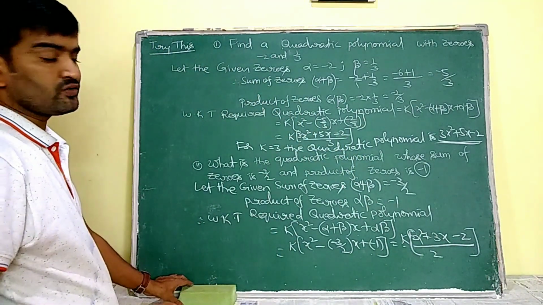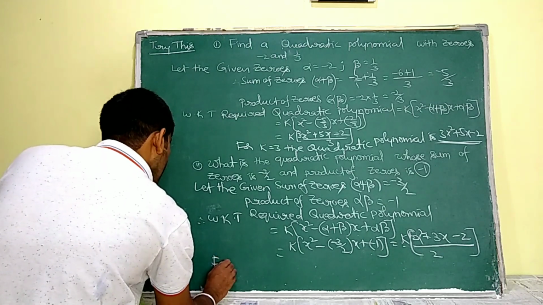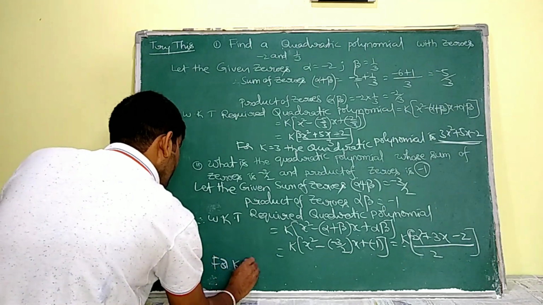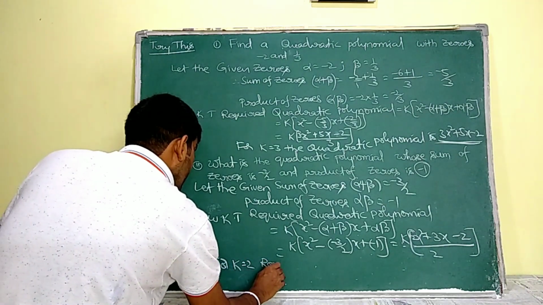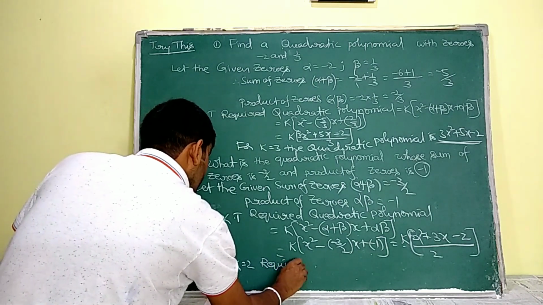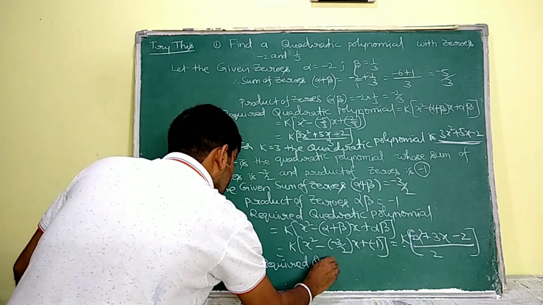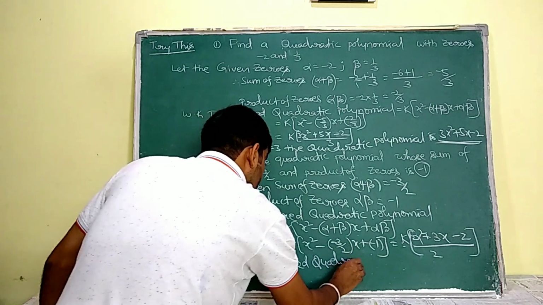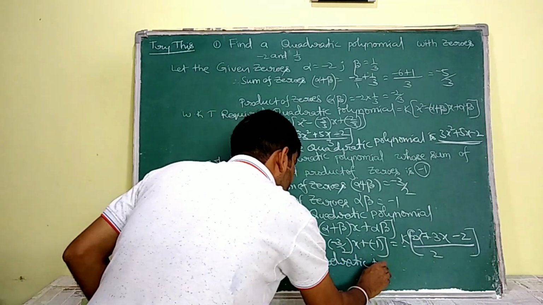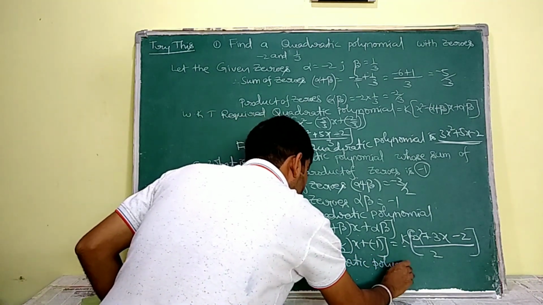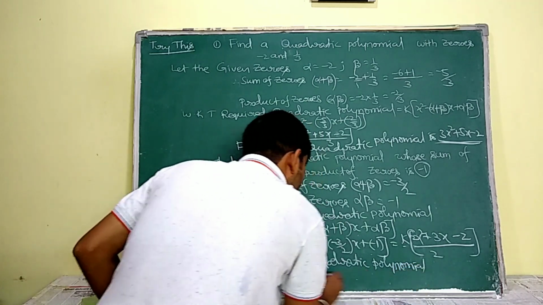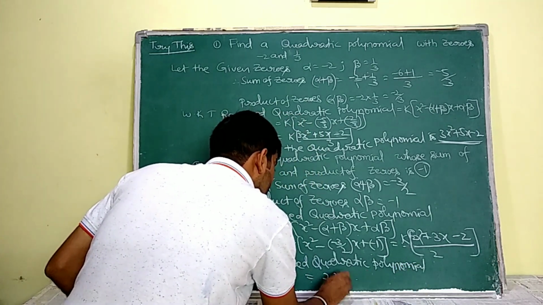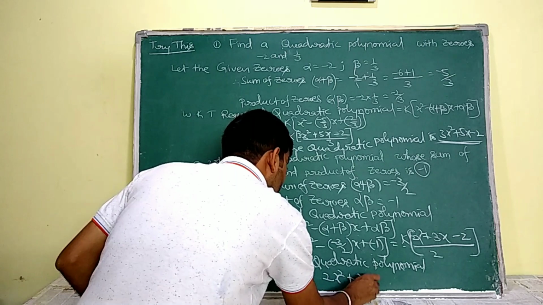Here the denominator is 2, no? So for k is equal to 2, the required quadratic polynomial is equal to 2x square plus 3x minus 2.